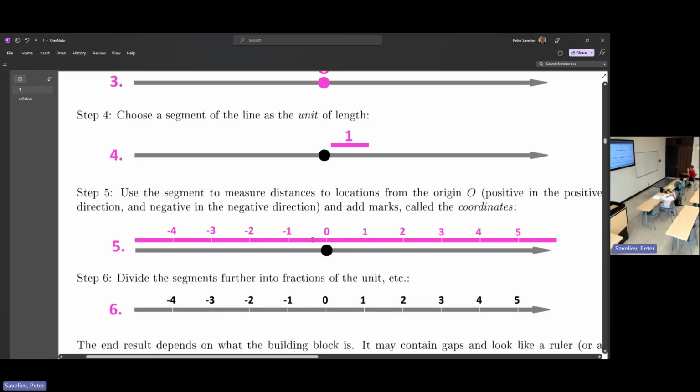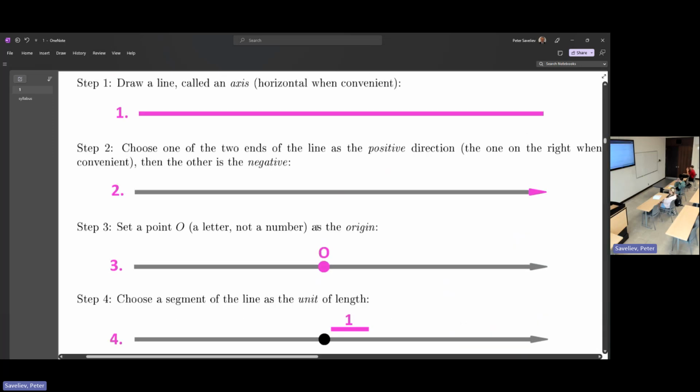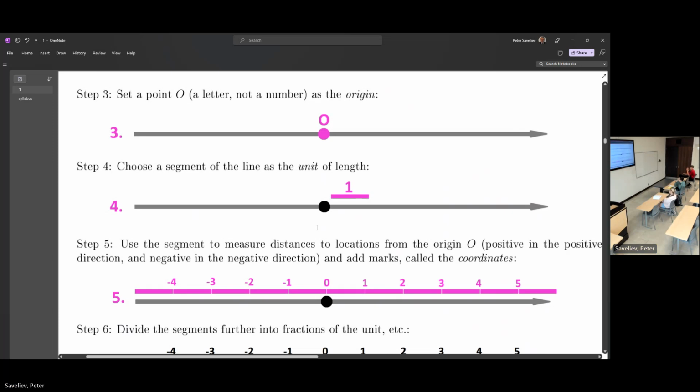And in the end, this is the end result, with the possibility that if necessary, I could subdivide these intervals into smaller pieces. Otherwise, this is my axis, and each number represents a coordinate. They are not shown, but you can find the coordinate for every point on this line if necessary. Whether it is 1/2, or pi, or anything else, it's all taken care of. And once again, it's built in these 6 steps.